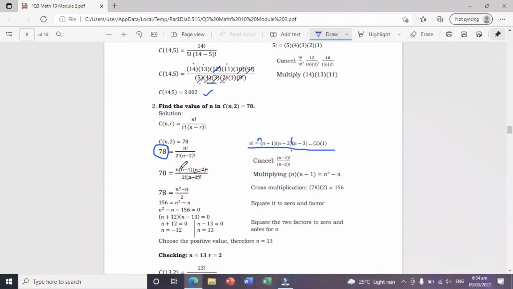What is left is n times n minus 1 over 2 factorial, equals 78. 2 factorial means 2 times 1, so that is 2.